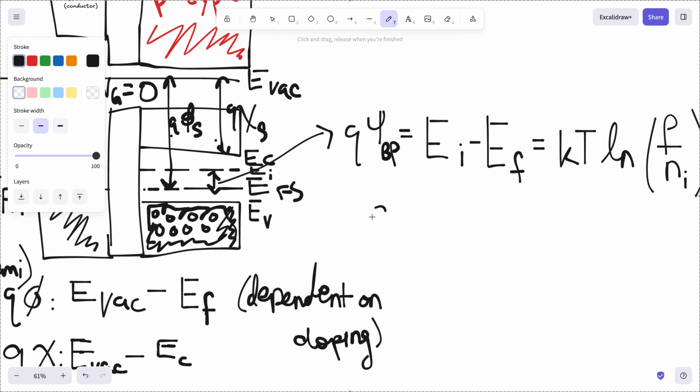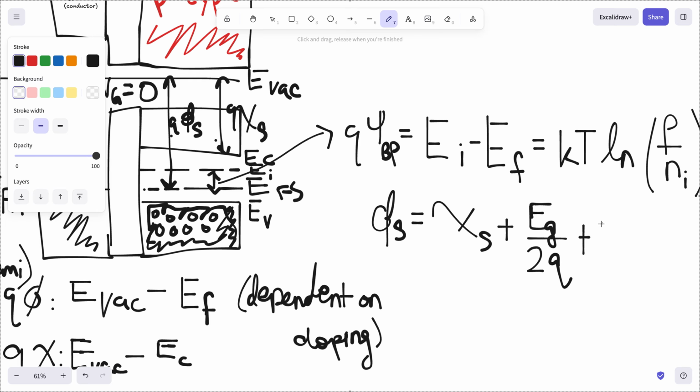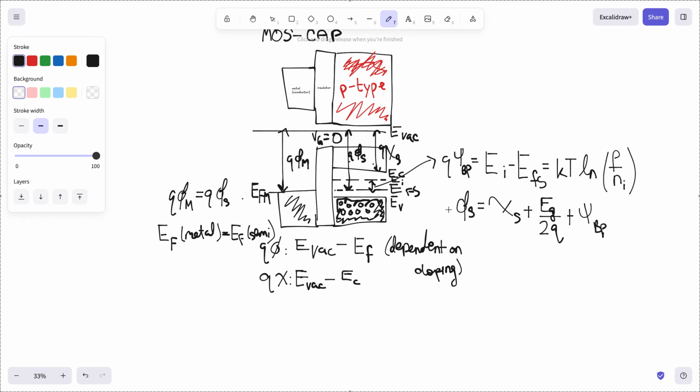And we can describe phi sub S, the work function of the semiconductor, as equaling the electron affinity, which doesn't change depending on doping, plus the band gap divided by 2, plus this quantity here, the energy difference between E sub I and E sub F S.